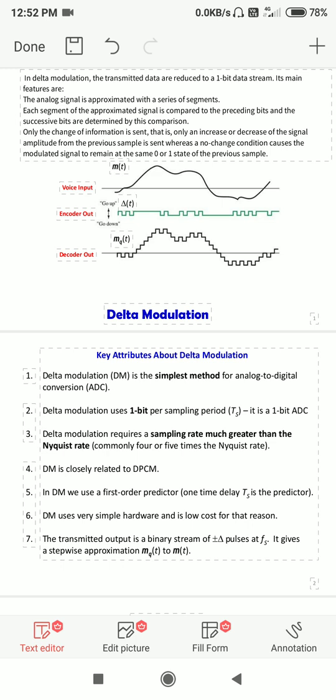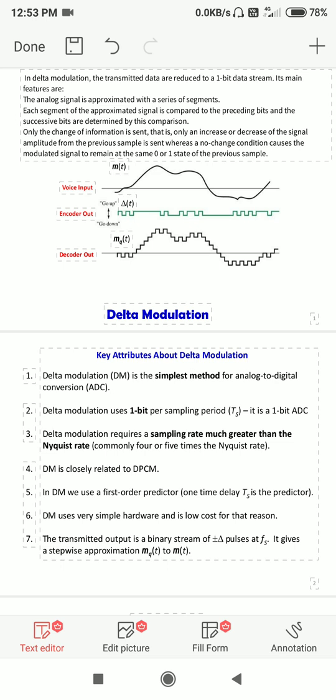Only the change of information is sent, that is only an increase or decrease of the signal amplitude from the previous sample is sent, whereas a no change condition causes the modulated signal to remain at the same 0 or 1 state of the previous sample.